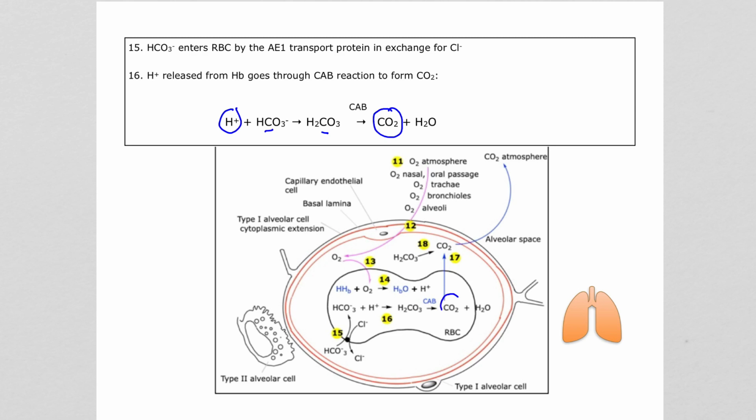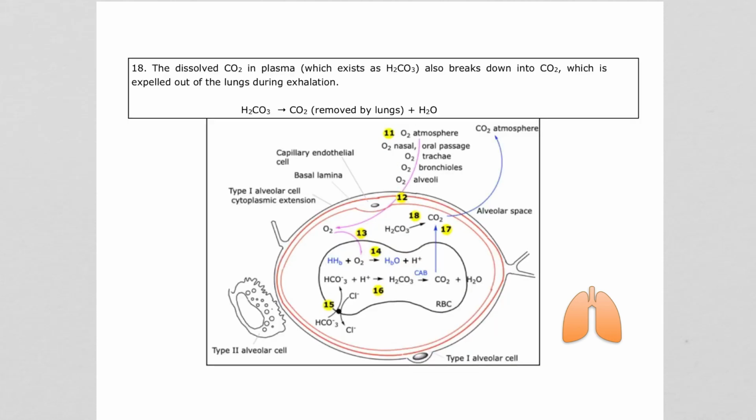So we get CO2 produced in the red blood cell. The dissolved carbon dioxide in the plasma, which exists as carbonic acid, will also break down into carbon dioxide. So all of this carbon dioxide produced by the red blood cell or the breakdown of carbonic acid will then be removed by the lungs into the atmosphere in exchange for oxygen.